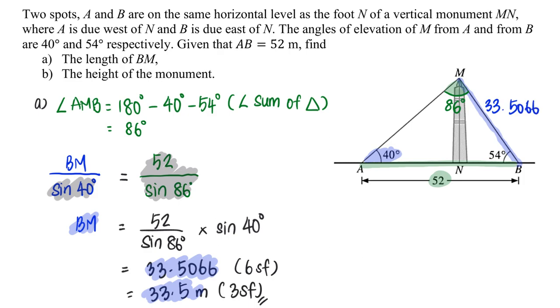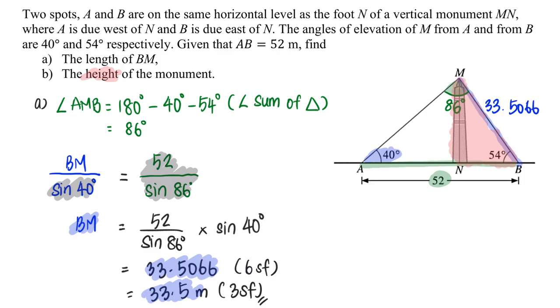Now that I know BM, the next question requires us to find the height of the monument, which is MN. So with this, I will need to look at this red color triangle, which I'm going to redraw.